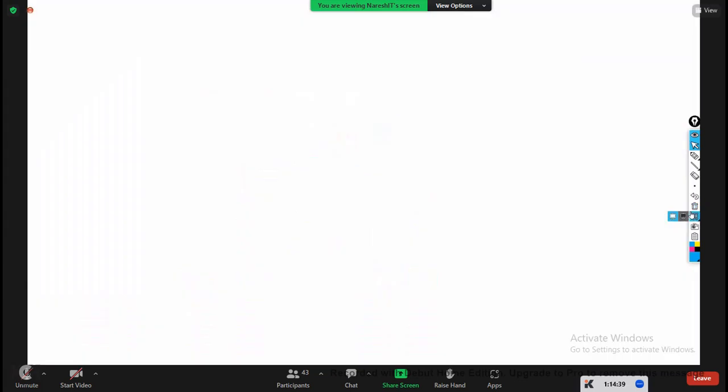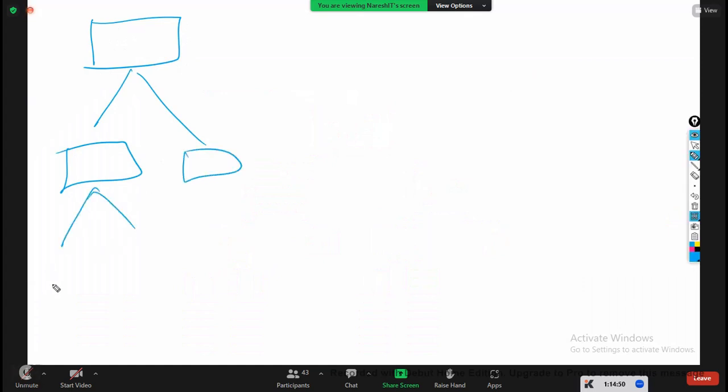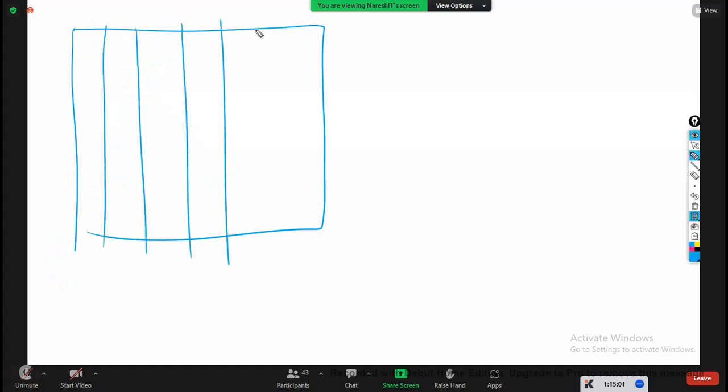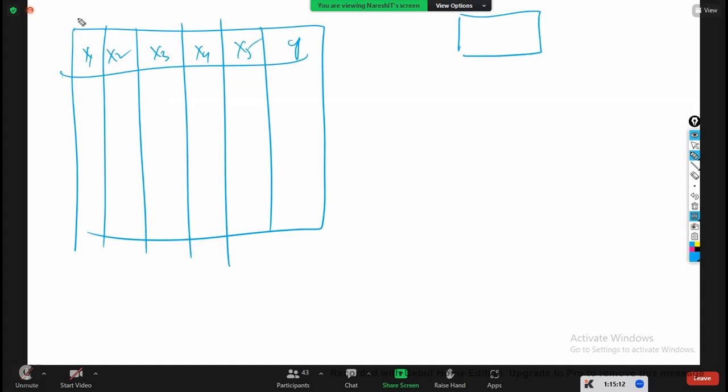Now, this is the decision tree. I have completed the decision tree and told you how decision trees work, meaning how you select the first node, and from the decision nodes, how you have to split. Not only the first node, wherever a decision node is there. For example, I'm having data like this: X1, X2, X3, X4, X5 and output variable Y. Initially I calculated the information gain of each one.